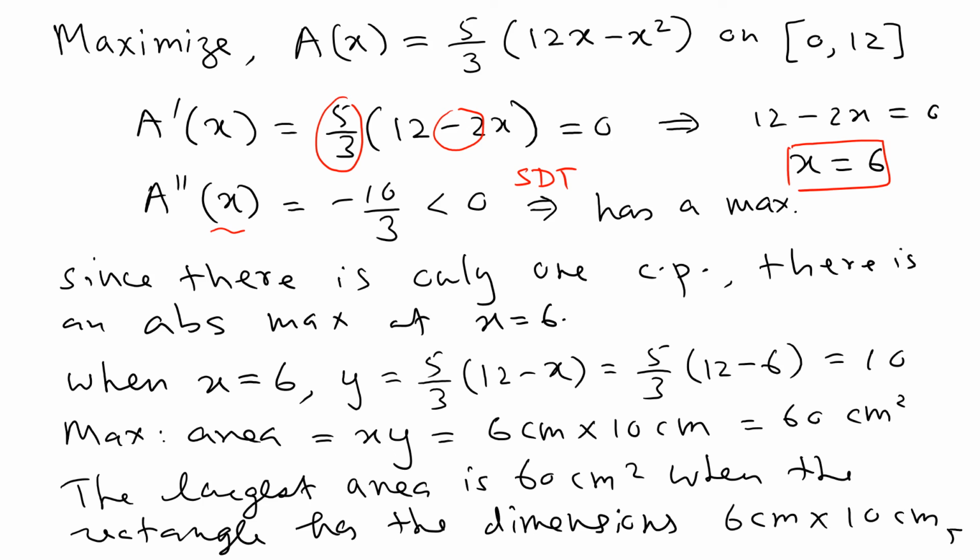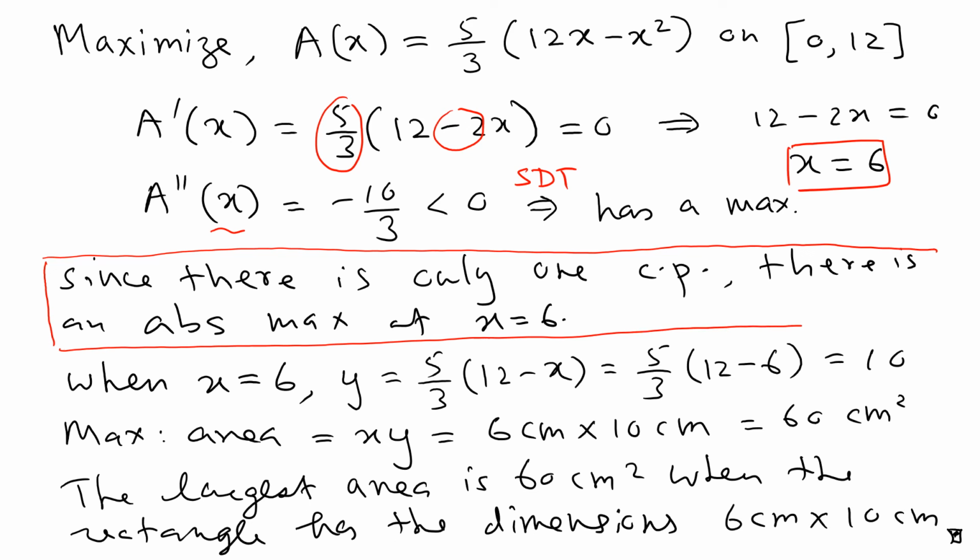That's how we complete the problem. Again, this is a very important observation: we did not check the endpoints. We don't have to check the endpoints if we observe this, so at least write it.